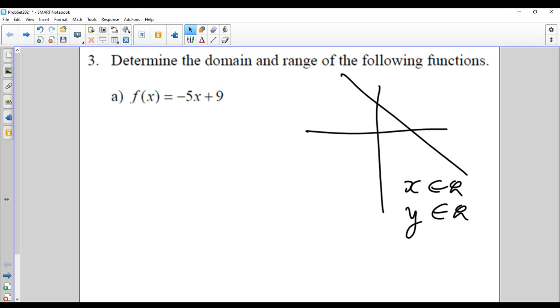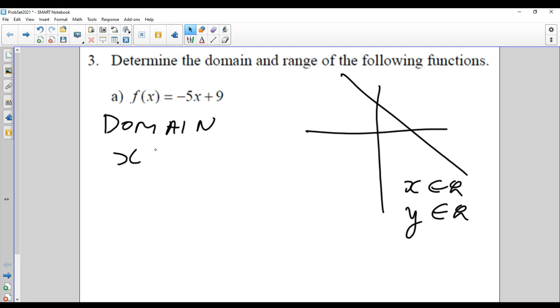So for a straight line, we don't have to do anything but just simply say that because it's a straight line, x is all real numbers. There's one exception to that, which I will give you in a minute. So the answer to the question is, actually, I should write them separately, domain and range. So let me write the word domain first.